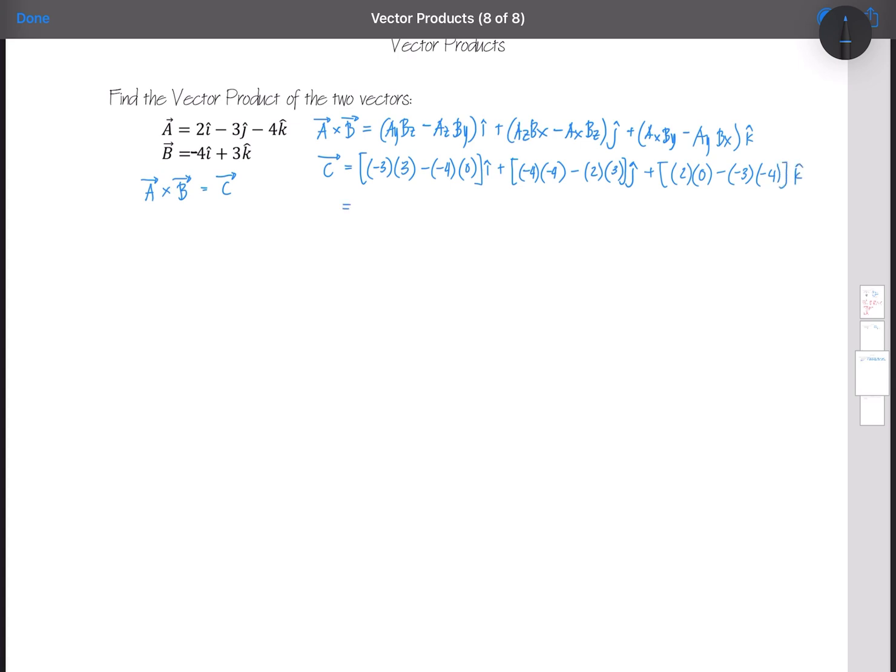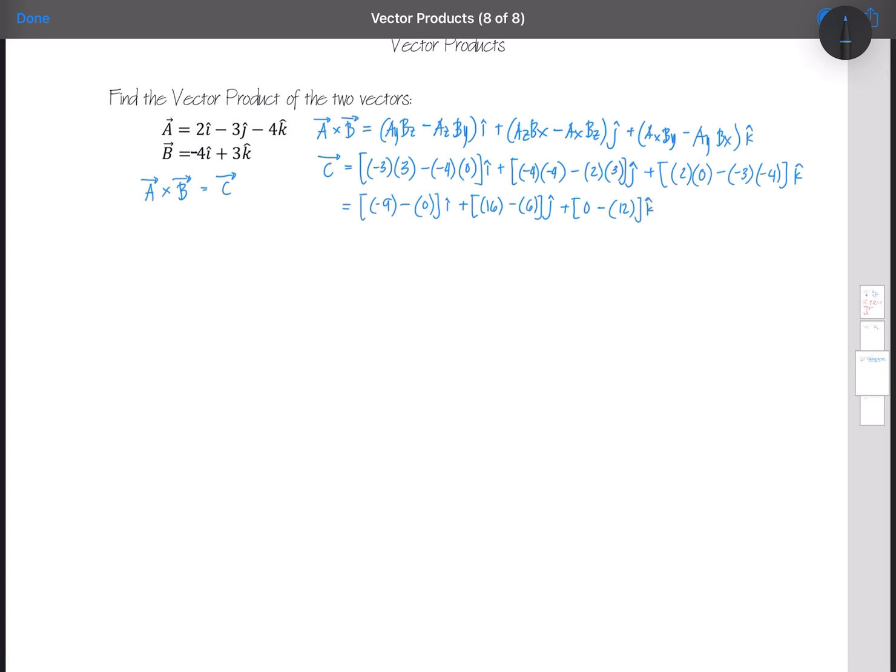Solving for that, let's simplify it first. We have negative 9 minus 0, this is i hat, plus 16 minus 6, this is j hat, plus 0 minus 12, this is k hat.